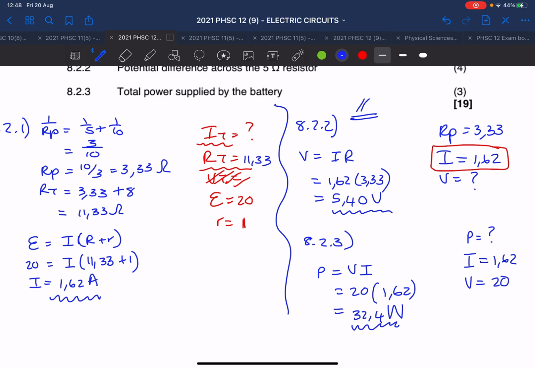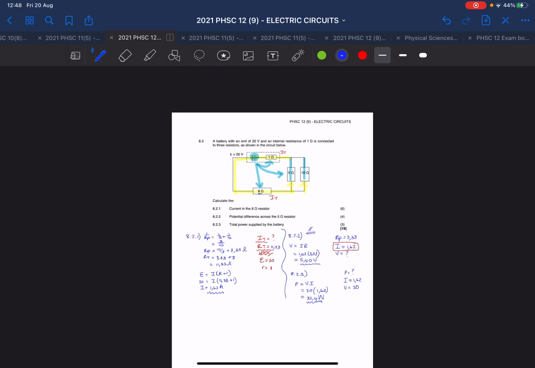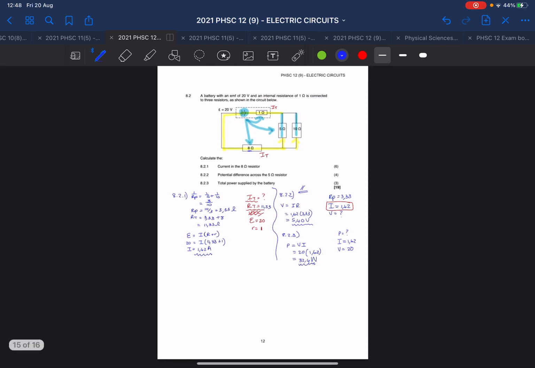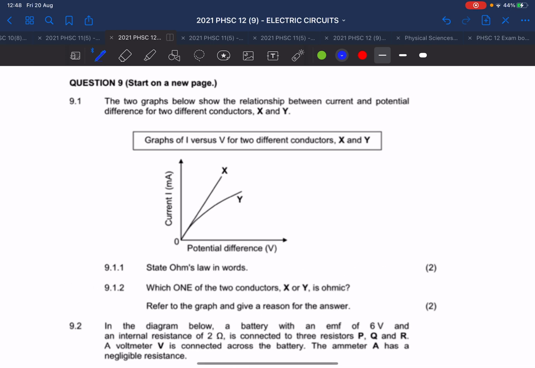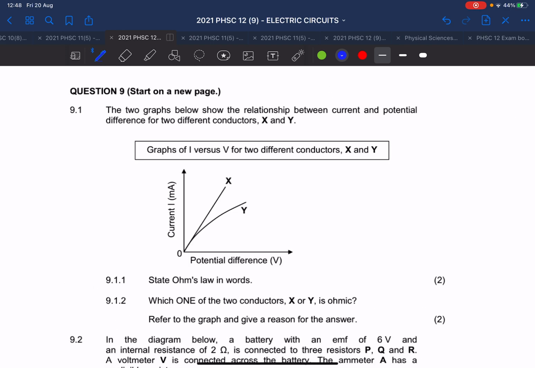If we look at the next question. Okay. The next question is a good theory idea question. They say that you have two graphs that show the relationship between current and potential difference of two conductors. Then they give it to you, you have current and you have potential difference. Then you can see the one is a straight line and the other one is curvy. Now this is the grade 11 knowledge that you should have.